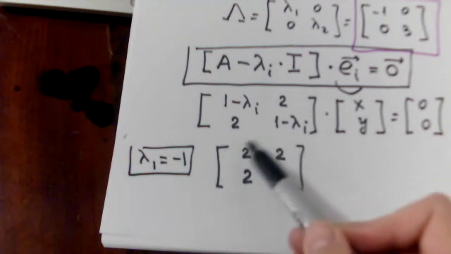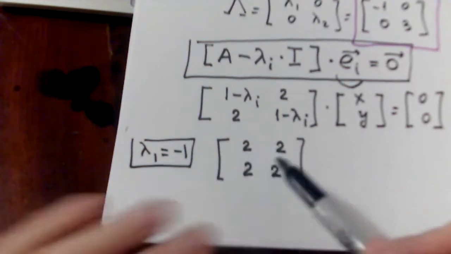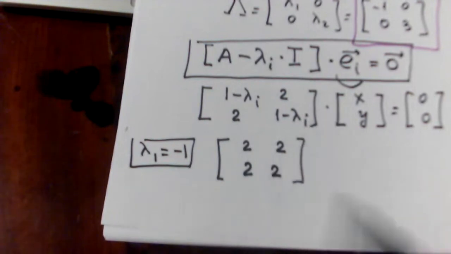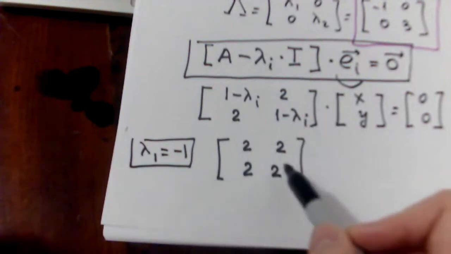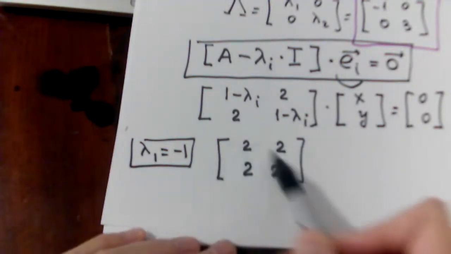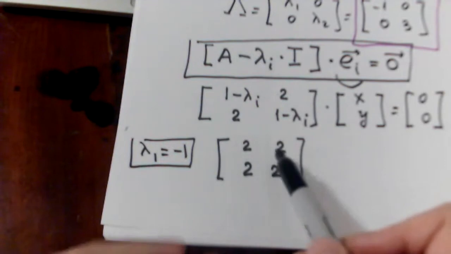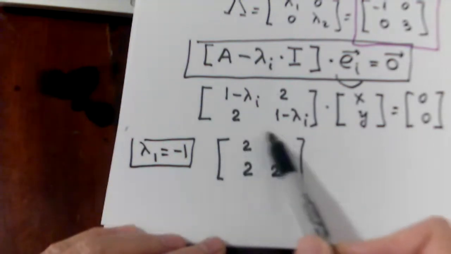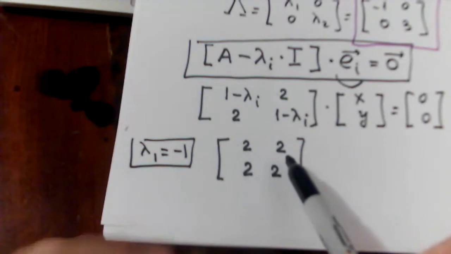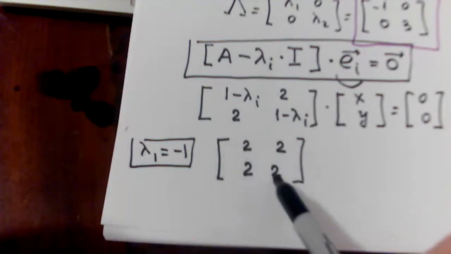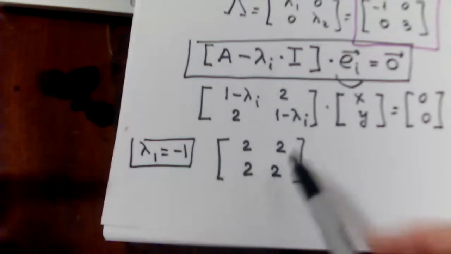So in the case of 2 by 2, you can solve this problem in a much quicker and more efficient way. So it's time for me to reveal this secret, this trick for you. Look at this matrix. You can see that the second row is exactly the same as the first row. But if you remember that every row corresponds to its own equation, it means that these equations are actually the same.